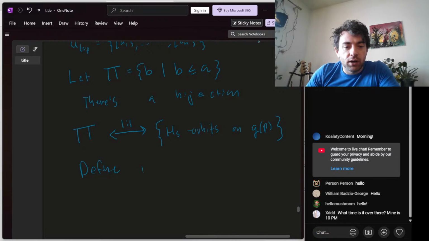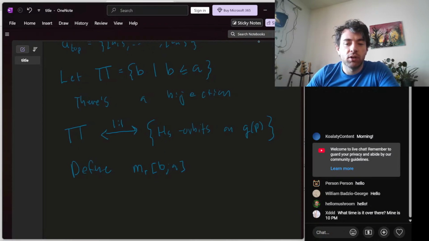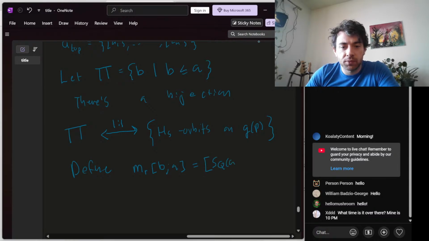So define a matrix M_R, the representation matrix. Its entries are indexed by multisegments, and its BA entry is going to be the multiplicity of Q_B in S Q_A.